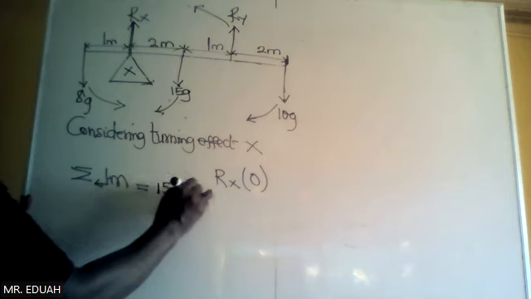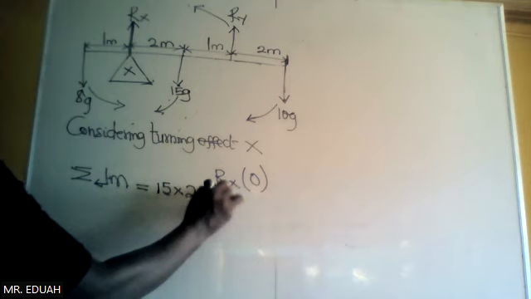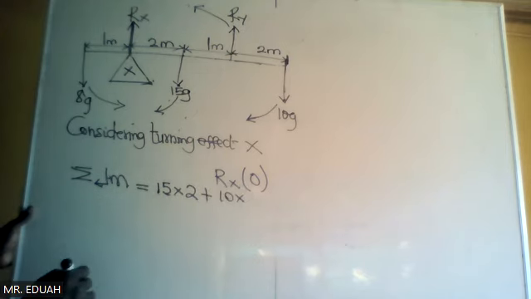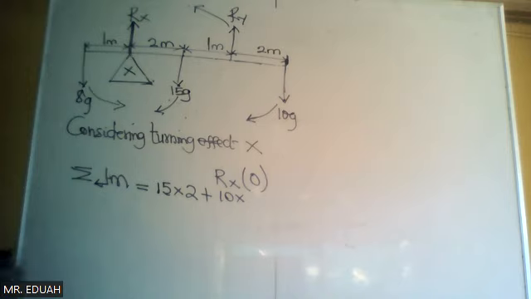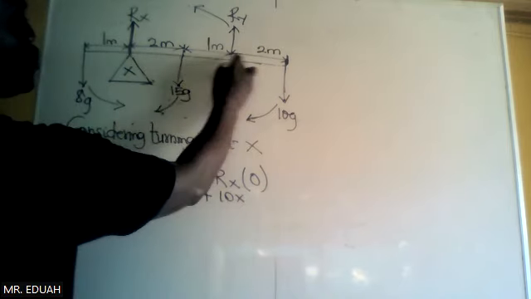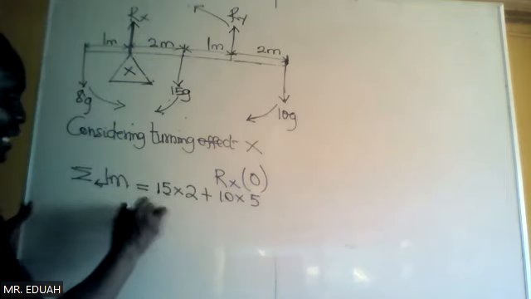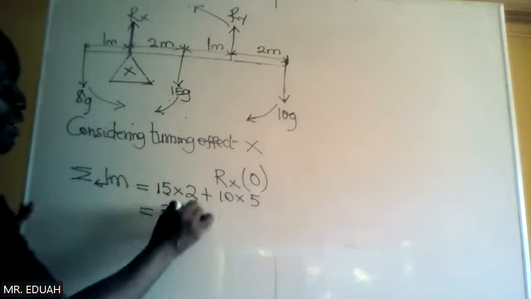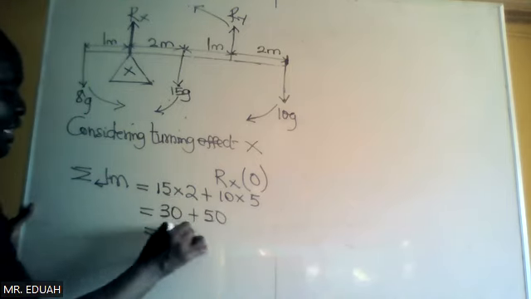So 15 by 2 plus 10 by 5. That is the perpendicular distance from the pivot, and we are taking turning effect here. So 15 times 2 and 10 times 5, giving us 30 plus 50. We have 80.